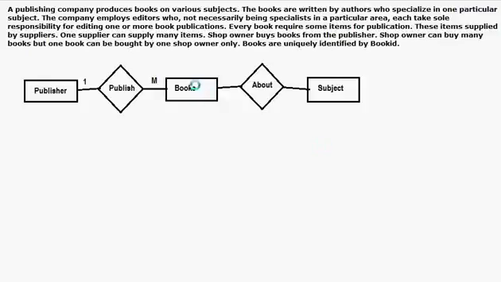Now one book is written about a particular subject, but for a particular subject you can have many books, so it will be many to one. Is it clear that one book can be written on a particular subject, but for a particular subject you can have many books?